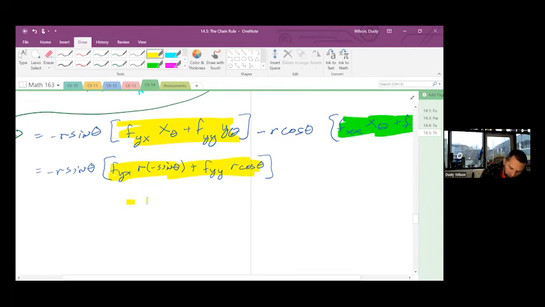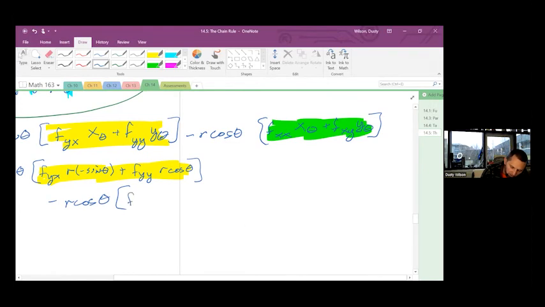Then minus r cosine theta, trying to find the green part. So that'll be fxx, x theta, which is minus r sine theta, plus fxy, y theta, which is r cosine theta. This is the green part.